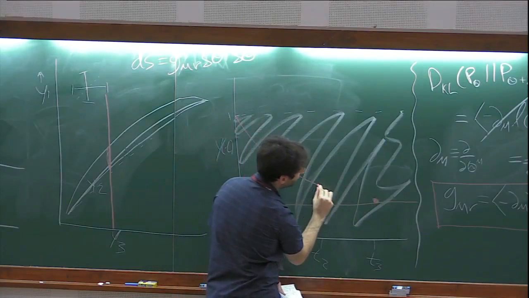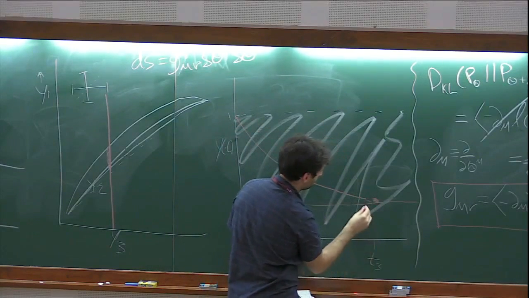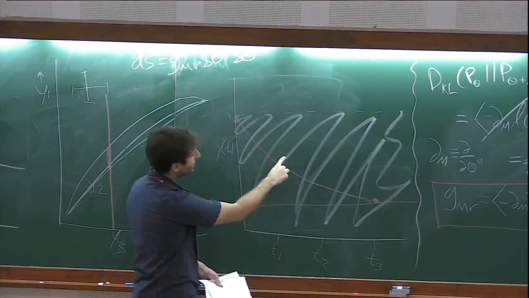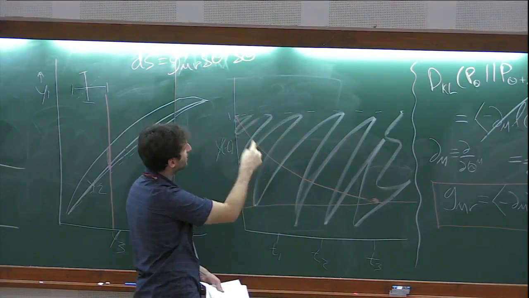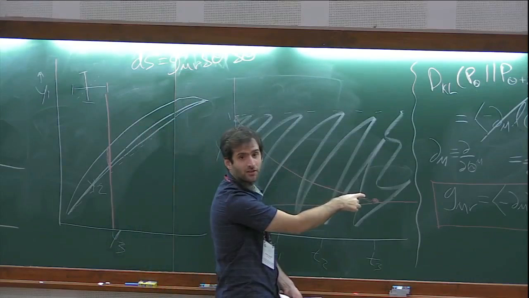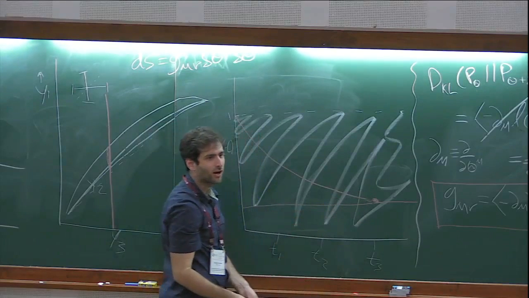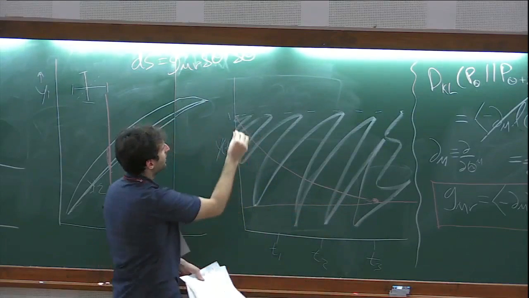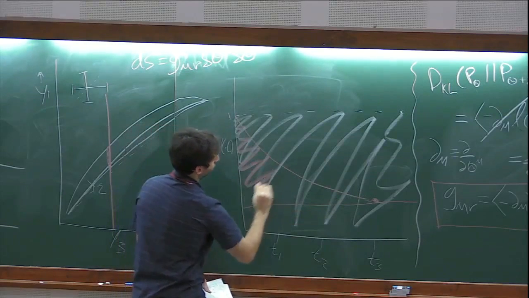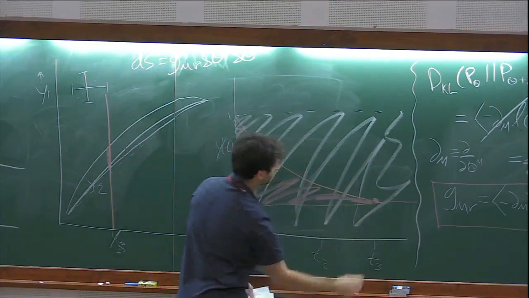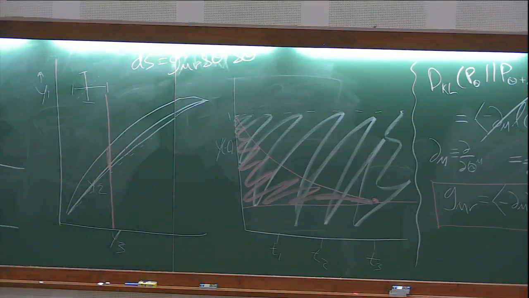It turns out you can convince yourself that you also can't be above this line, where this line is what's given by just a single exponential. And you can try and convince yourself of that.